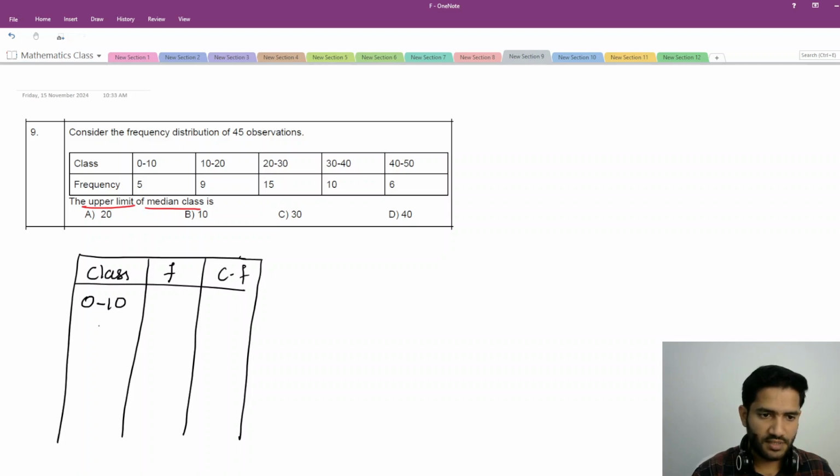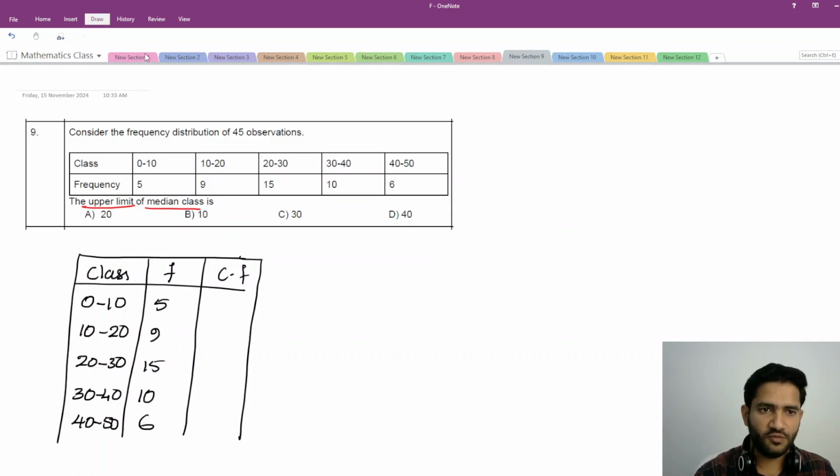Class 0 to 10, 10 to 20, 20 to 30, 30 to 40, 40 to 50. Frequencies 5, 9, 15, 10 and 6.